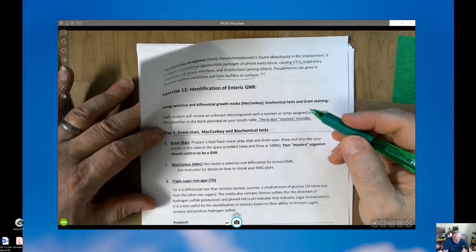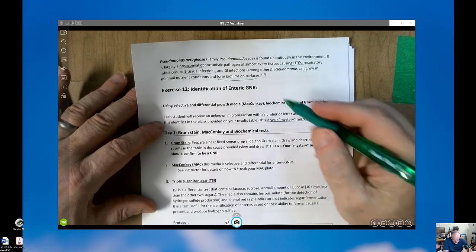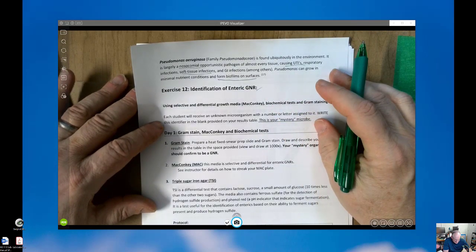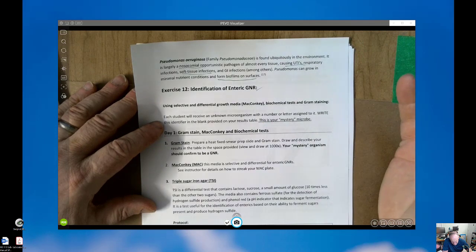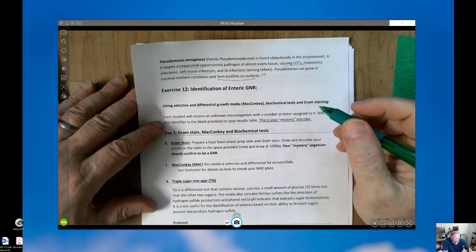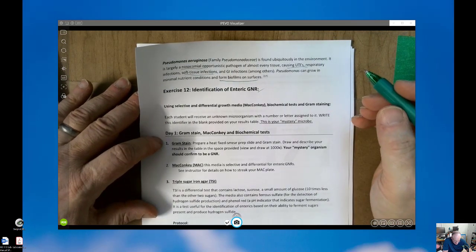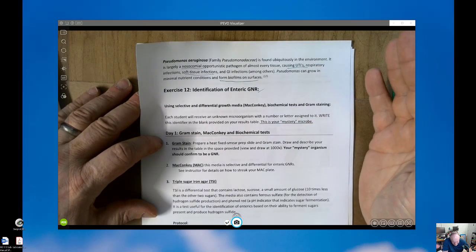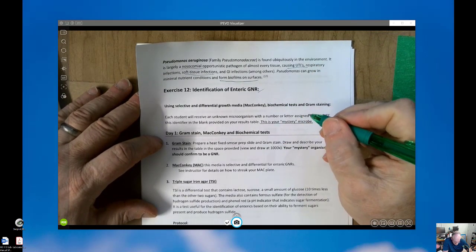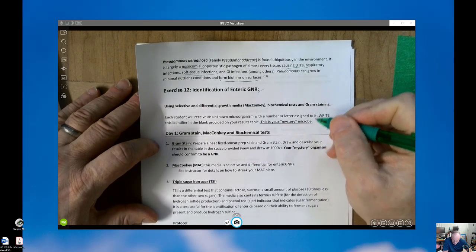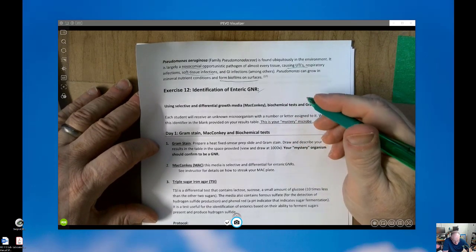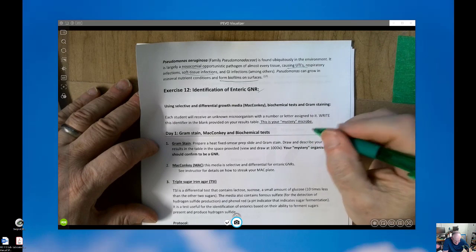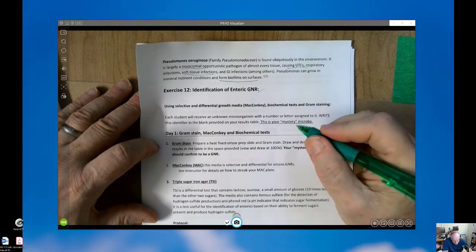Gram stain, MacConkey, and biochemical tests are good ways to identify enterics. Obviously, you look for the gram-negative characteristic, and I want everyone to do a gram stain now. See, we can't do that. A little difficult, and I don't think your parents or your significant others or whatever are going to like you taking BSL-2 organisms home.